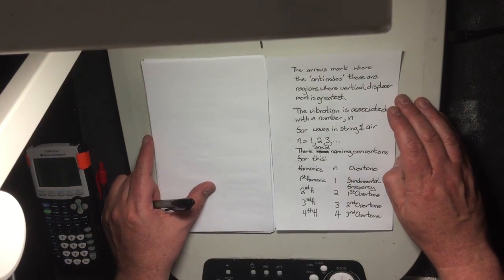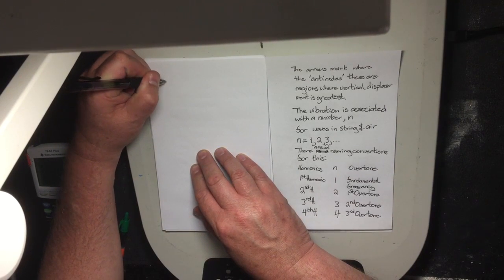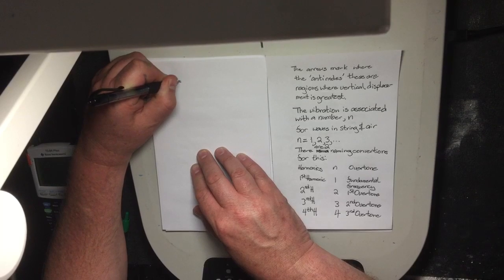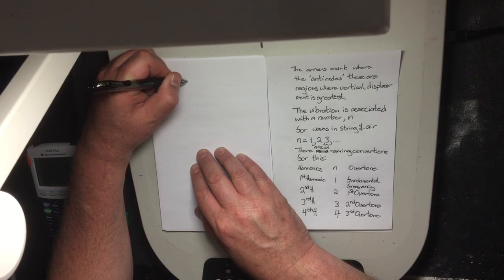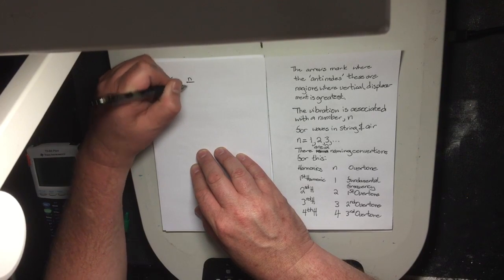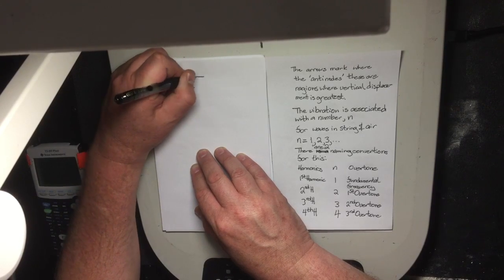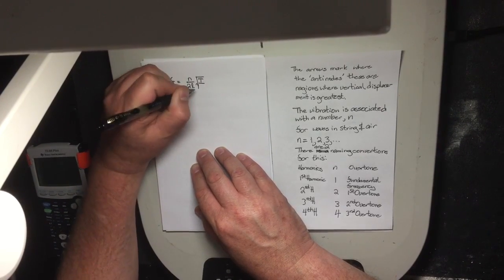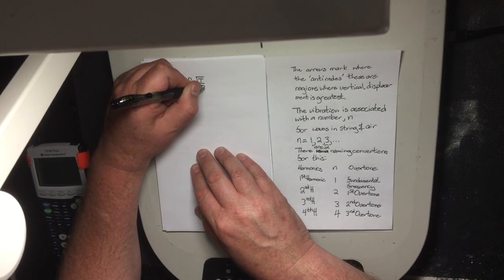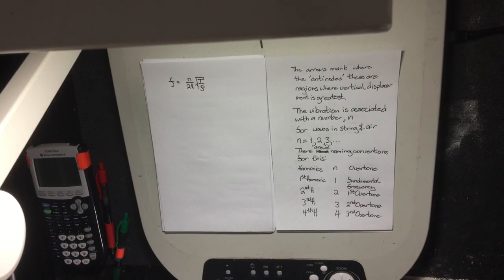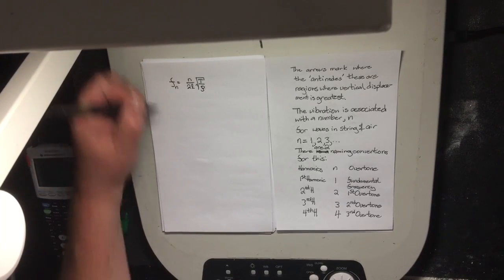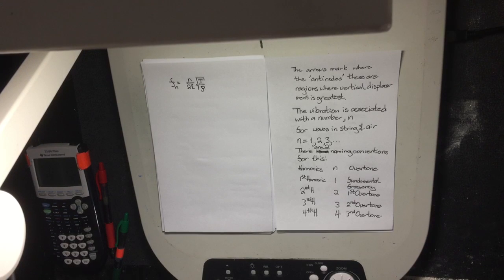In a string, the frequencies of this is this, that the nth frequency is n over 2L square root of T over rho.